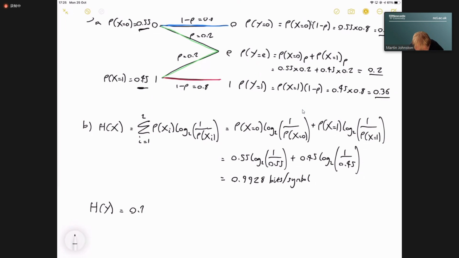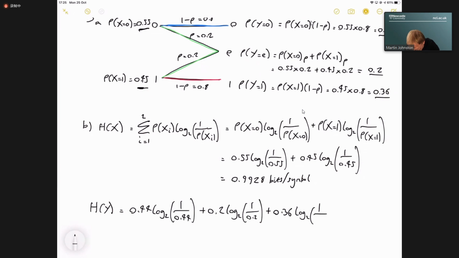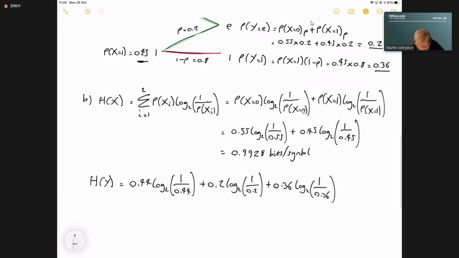That would be 0.44 log to base 2, 1 over 0.44, plus 0.2 log to base 2, 1 over 0.2, plus 0.36 log to base 2, 1 over 0.36. And again, if we add those numbers together, we get an answer of 1.5161 bits per symbol.